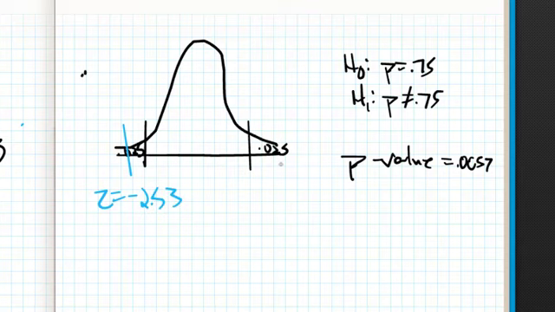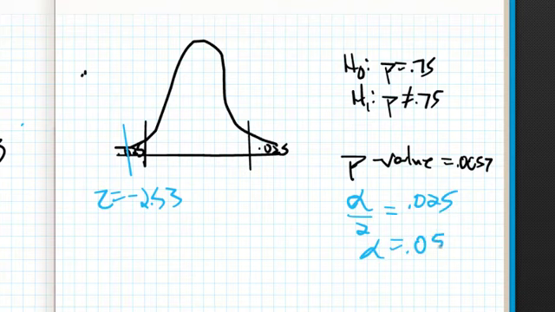Now remember that 0.025 came from alpha divided by 2, because alpha equaled 0.05. This happened because of this inequality right here, because it's not equal to.